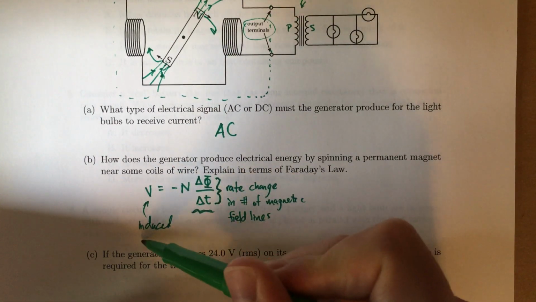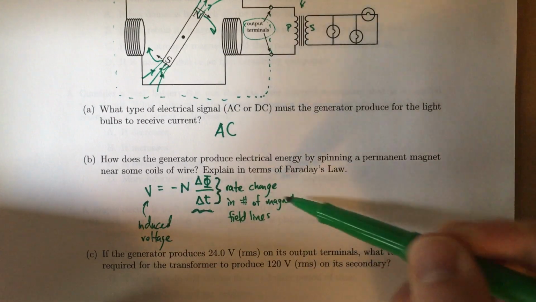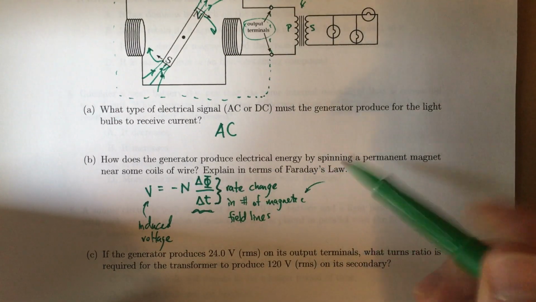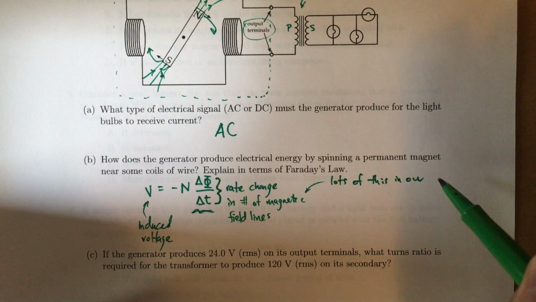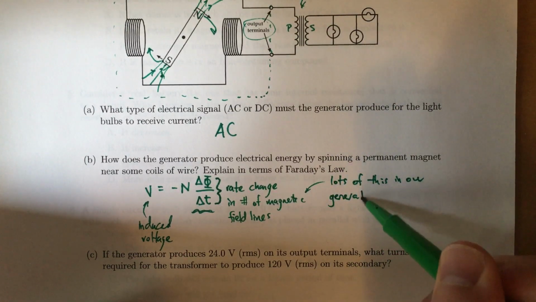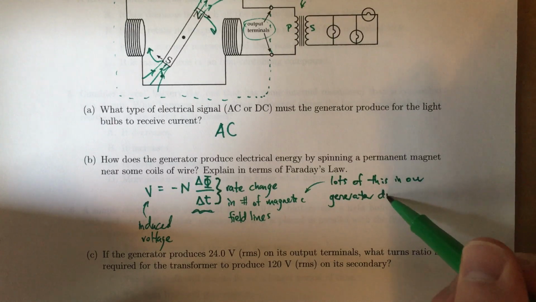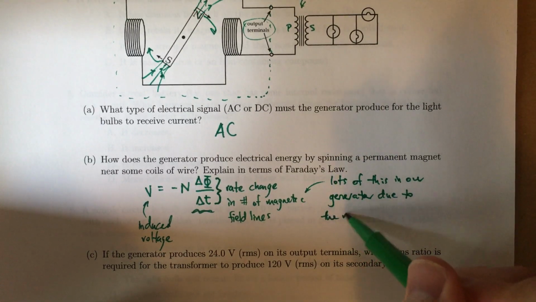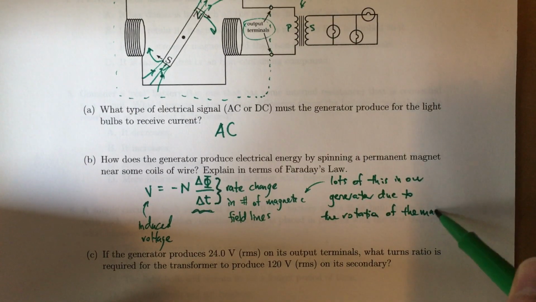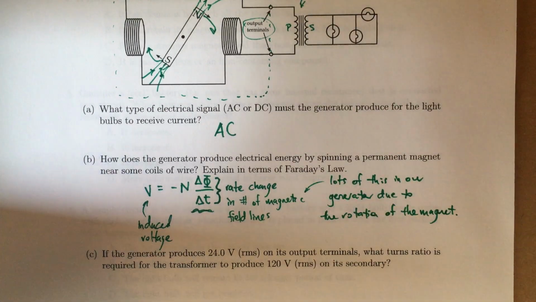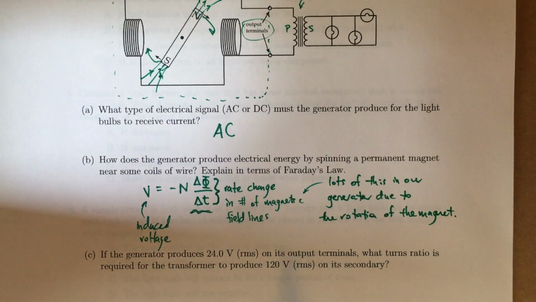So induced voltage is there, and we have lots of this in our cartoon generator due to the rotation of the magnet. Okay, so I've given the verbal and written version of what you need there. That'll be worth a few points. It's one of the most fundamental things that we have for generators, and that's basically what I'm looking for.